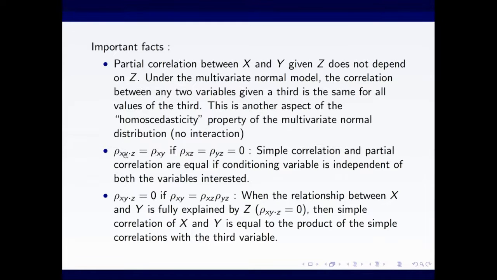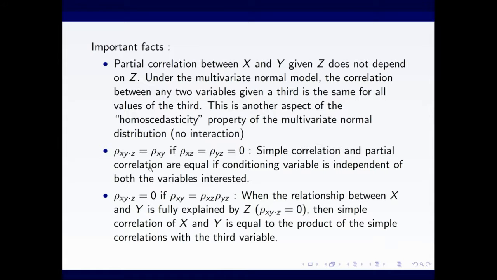The partial correlation rho xy dot z is equal to rho xy if the simple correlations between x and z and between y and z are equal to 0. So the simple correlation and partial correlation are equal if the conditioning variable is independent of both variables of interest, which means that having information about z does not affect the simple correlation of x and y.